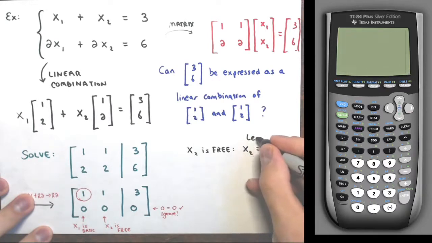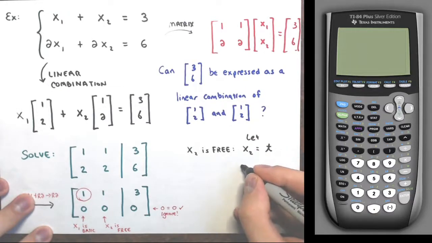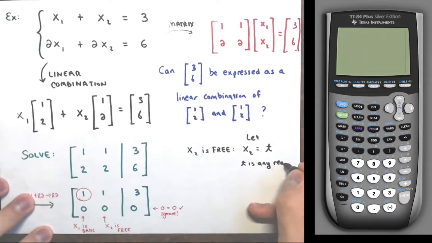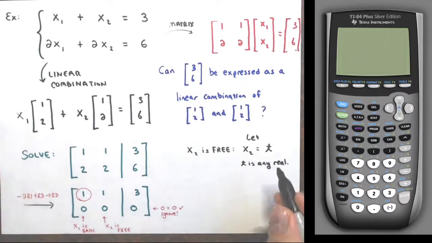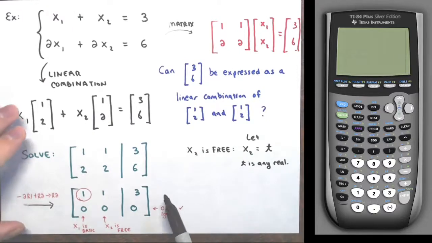So I'm going to let x2 be the letter t, where t is any real number. This happens very often, right, where a free variable is represented by an expression that represents any real number, whether it be t or s or 2t or 5t or a third t, some expression that can take on any real number value.